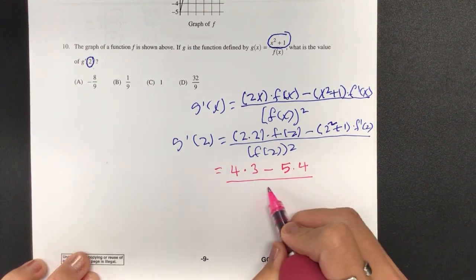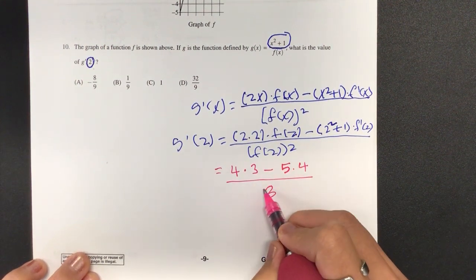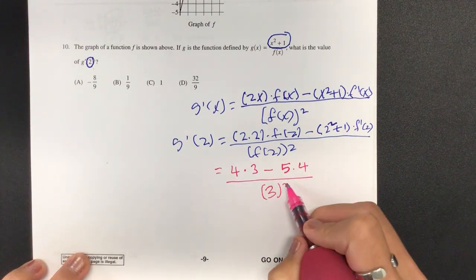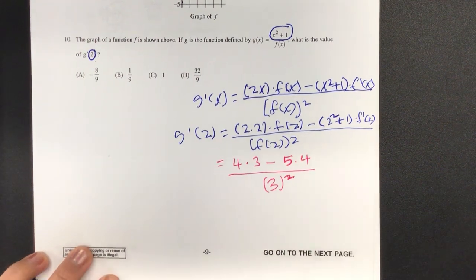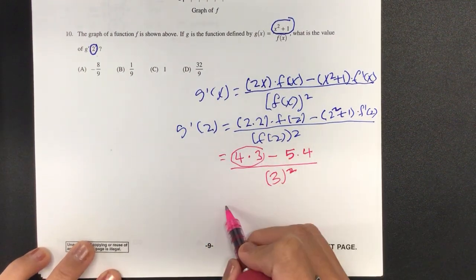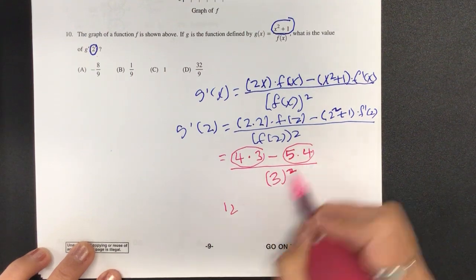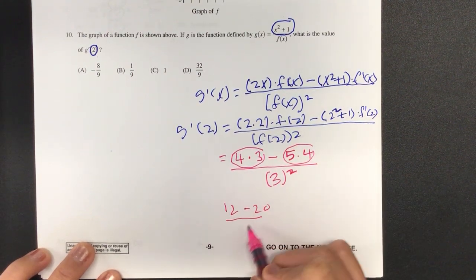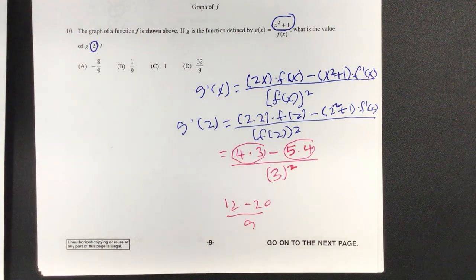And on the bottom, I have f of 2, we already found 3, all squared. And at this point, it's basically simple math. 4 times 3 is 12. 5 times 4 is 20, so minus 20 over 9. And when I simplify that all the way through, is it A, B, C, or D? A it is.